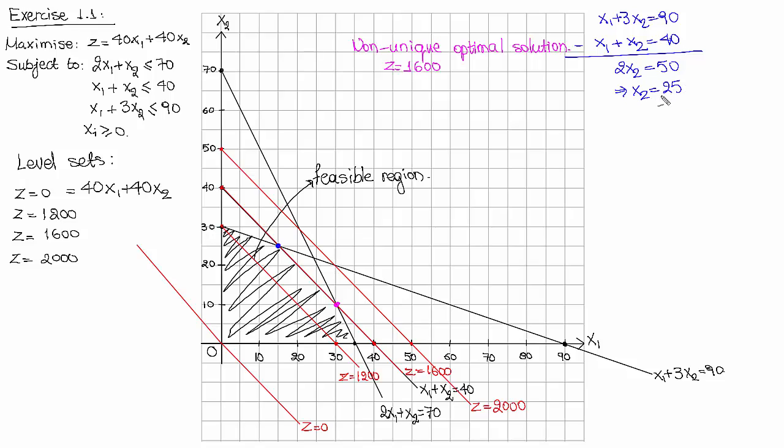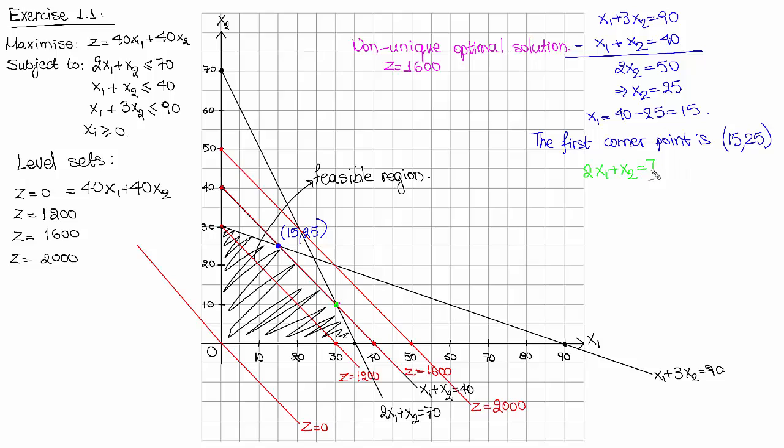And if we put that back into the second equation, we get that x1 is equal to 40 minus 25, which is equal to 15. So the first corner point is 15, 25.